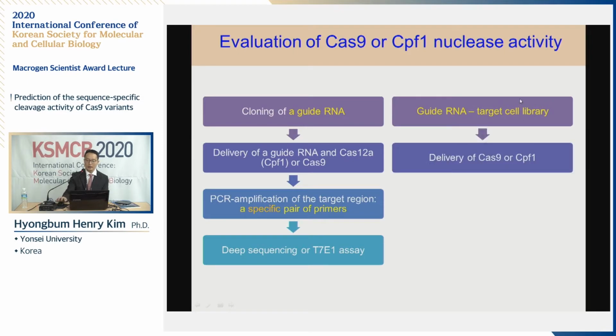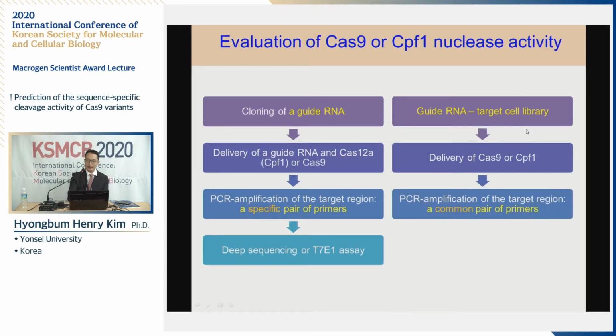To this library, we delivered Cas9 or Cpf1. Then we harvested genomic DNA and amplified the target sequence using PCR, using a common pair of primers, and those amplicons were subjected to deep sequencing to evaluate thousands of guide RNA activities in one experiment.